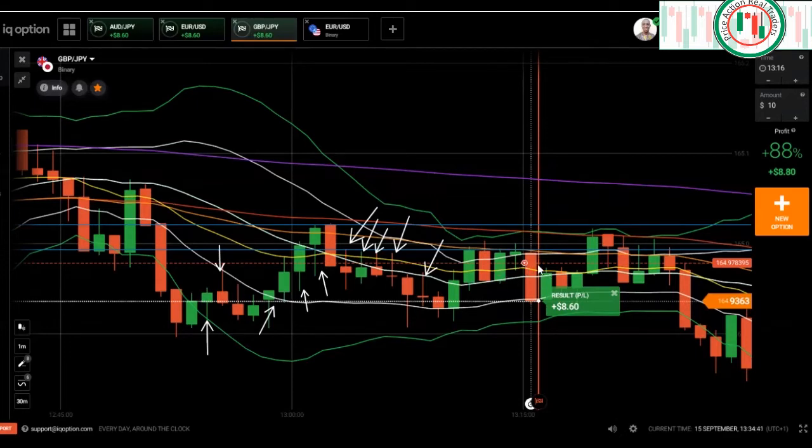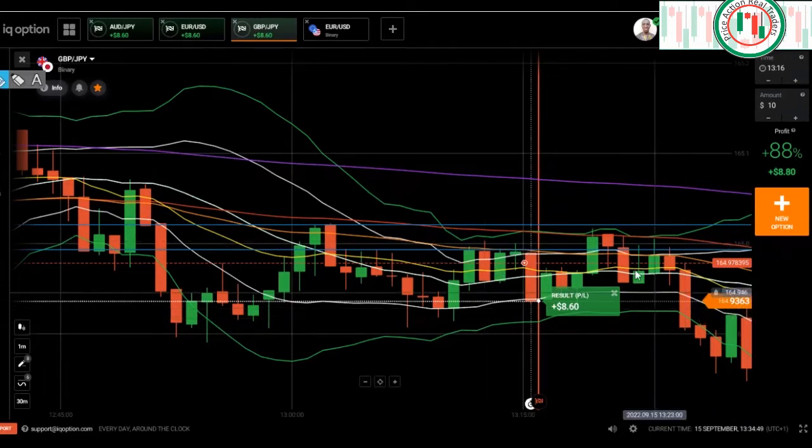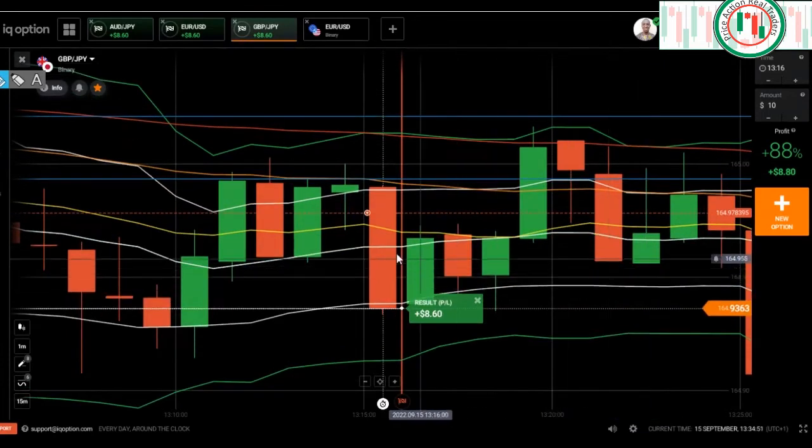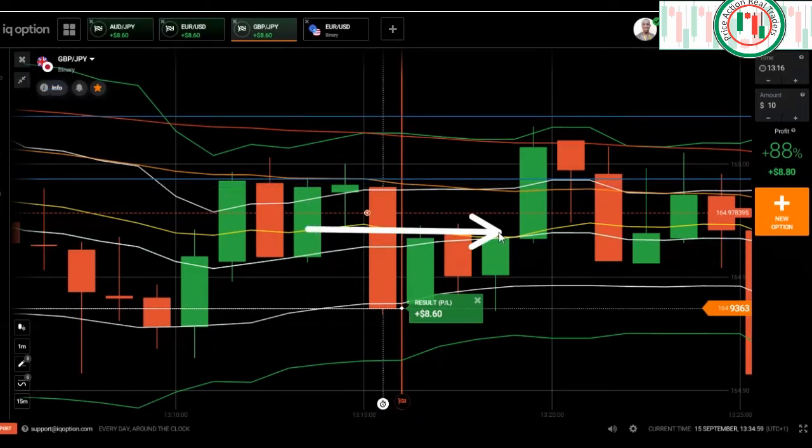In this situation, as I was telling you, if you are closer to the EMA, always try to get a good entry point, because normally the market will be very fast. You see I'm closer to the 20 and 50 EMA, so that's why I place my trade. You see the market pushed me down immediately.